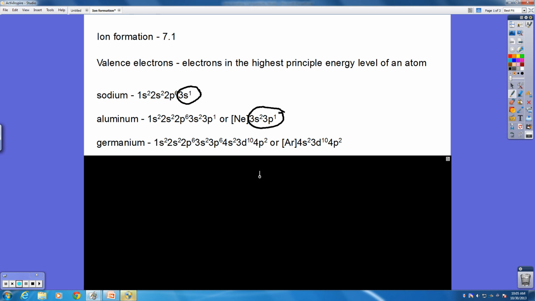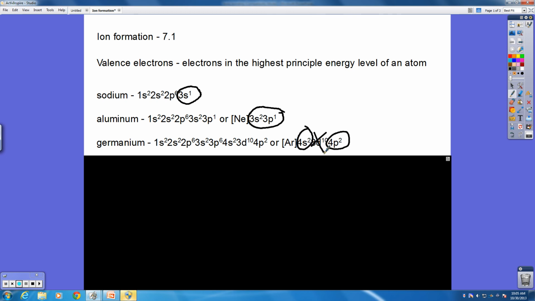If we look at germanium, germanium's a little harder now, because if we look at the abbreviation, we have argon 4s2, 3d10, 4p2. Now remember, we're talking about the electrons in the highest principal energy level. So that's going to be these 4p electrons and these 4s electrons, but not the 3d electrons.